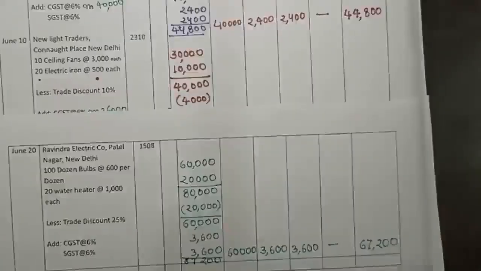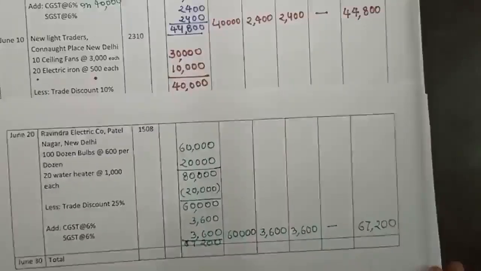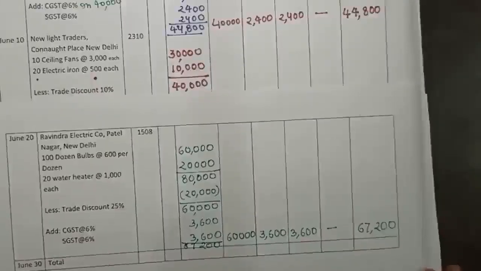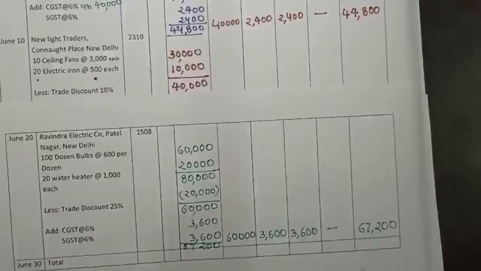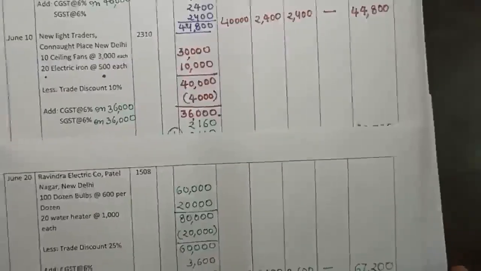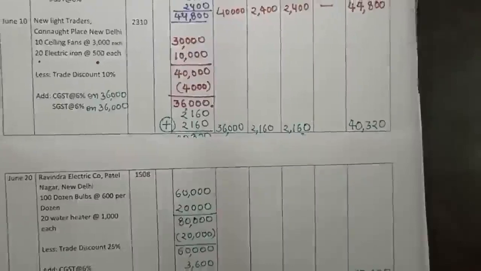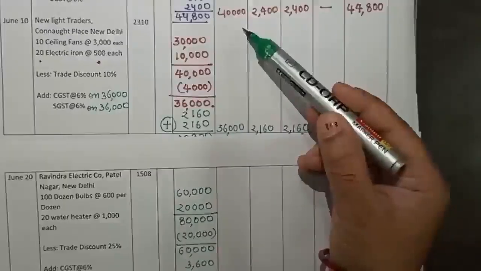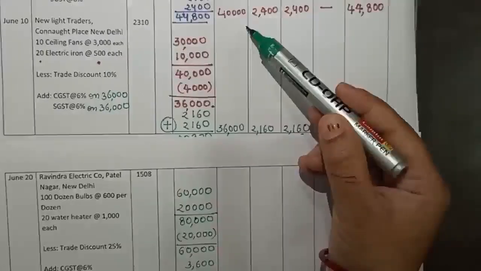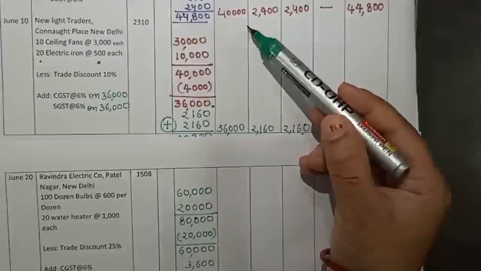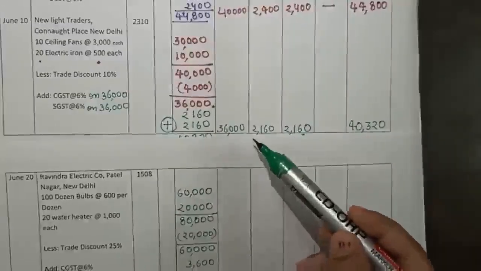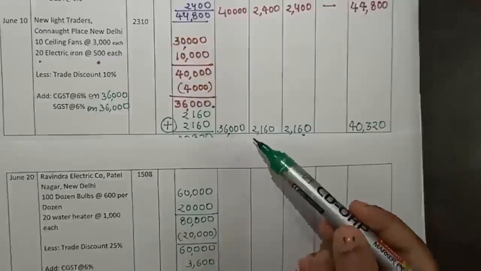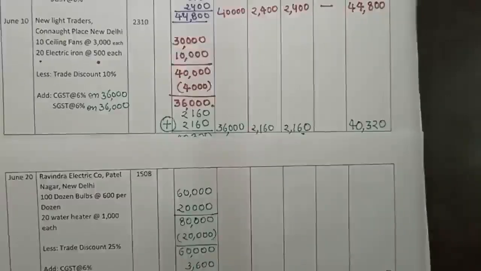Now after recording the transactions, in our last step, what are we going to do? In the last step, we are going to do the total of each individual column. Now here in the purchase column, we have rupees 40,000, that is the purchase we did from the Surya Electric Store, 36,000 goods purchased from New Light Traders and 60,000 purchased from Ravindra Electric Company, Patel Nagar, New Delhi.